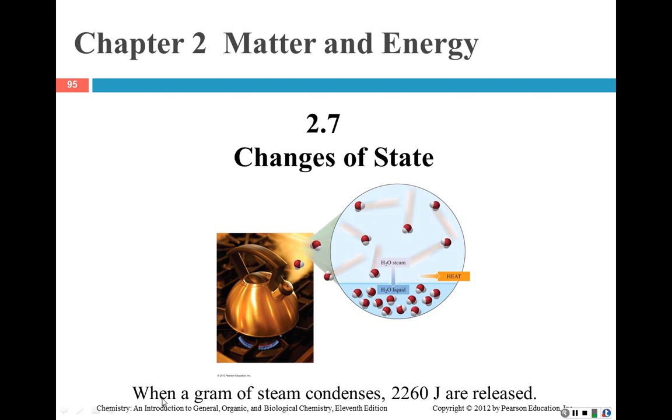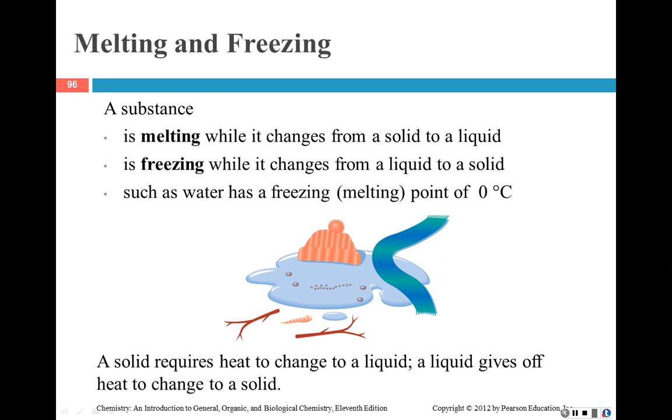The example that I give you here first is that if you take a gram of steam and the steam condenses, you will release 2,260 joules. A substance is said to be melting when it changes from a solid to a liquid. It's freezing when it changes from a liquid to a solid.